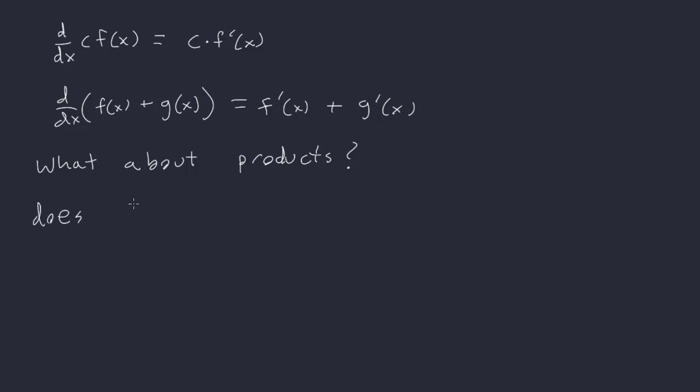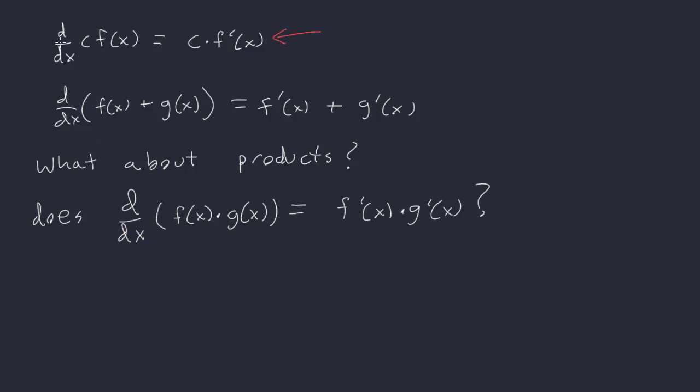Does, say, the derivative with respect to x of f of x times g of x equal f prime of x times g prime of x? Well, that would be nice. Unfortunately, it's not.